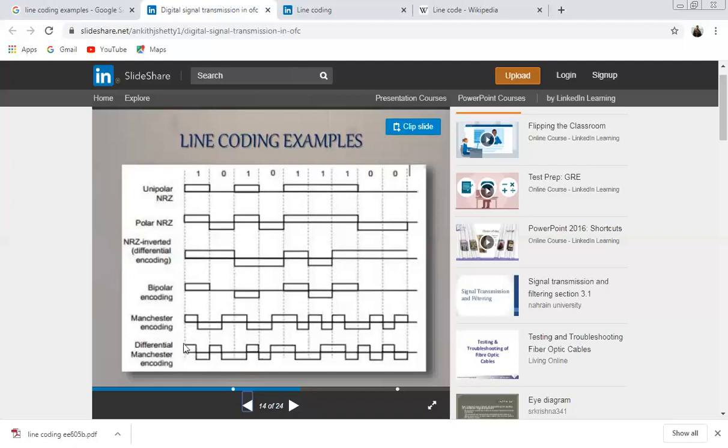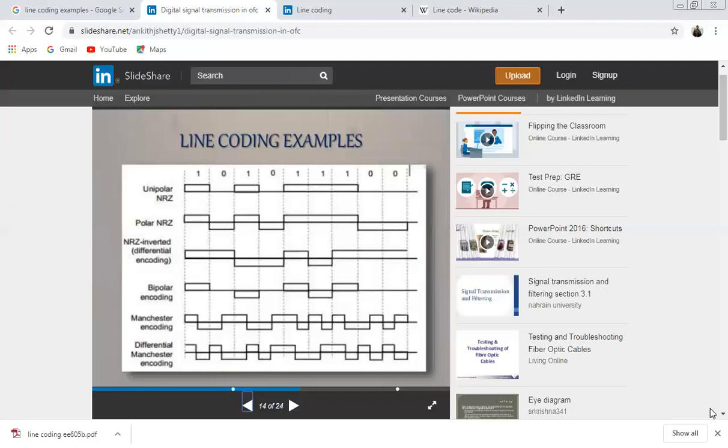Like the same, 1 is high then low, 0 is also high then low. Then again 1 means opposite. 0 to 1, there is a change, just like in the non-return to zero inverted technique. Here also 0 to 1, there is a phase change. That is the simple example.